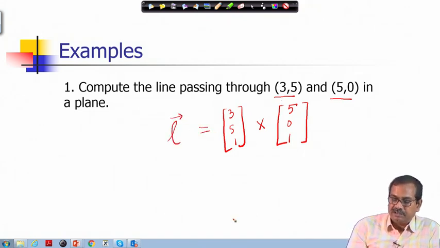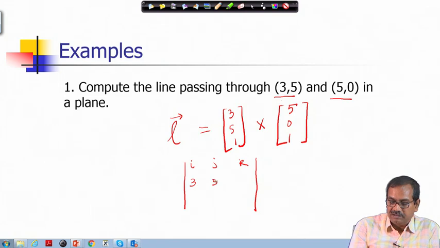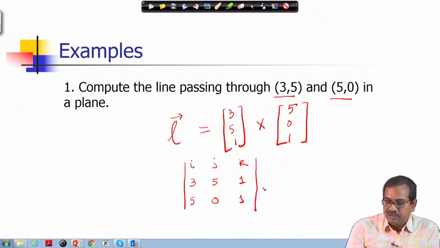So, if I expand this, let me do this sum. As I wrote earlier, we have these components, and these are the unit vector directions, as you know, represented with the corresponding vector components. If I expand this determinant, I need to consider this subdeterminant for i, which is 5 minus 0, times i.